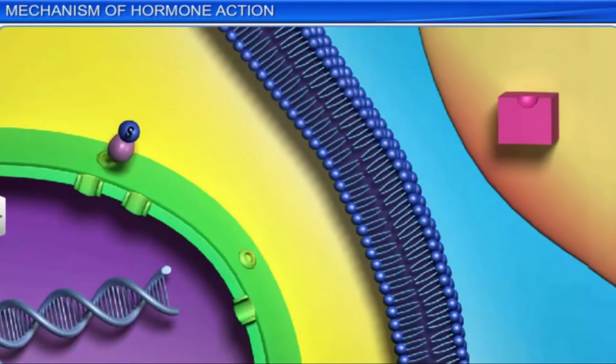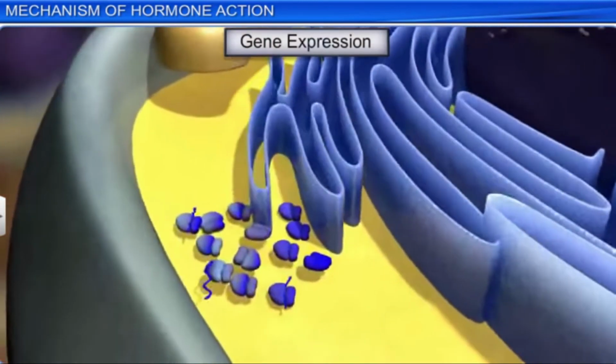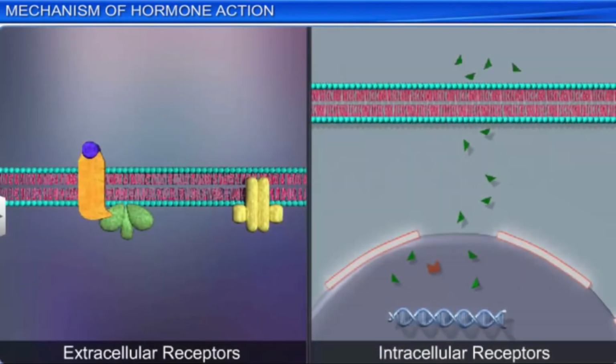This hormone receptor complex in turn binds to a specific part of the DNA to regulate the synthesis of proteins, called gene expression. These biochemical actions result in an overall physiological and developmental change in the target cell. Therefore, hormones act on their target cells by binding to two types of hormone receptors.